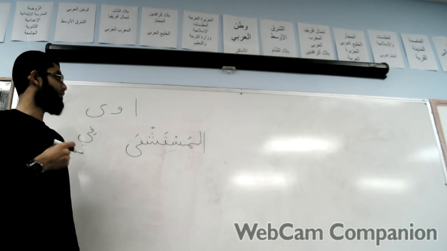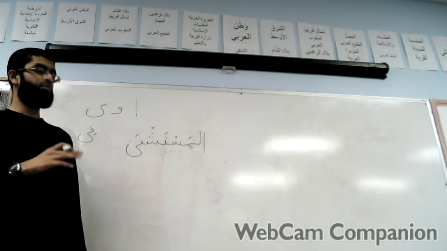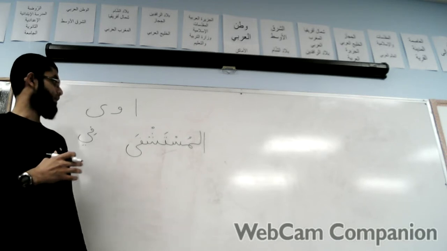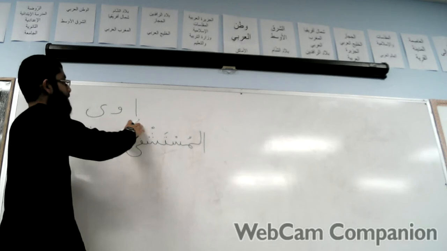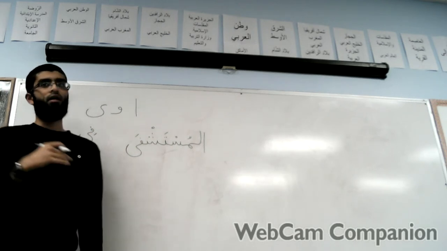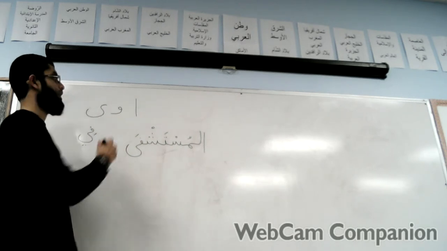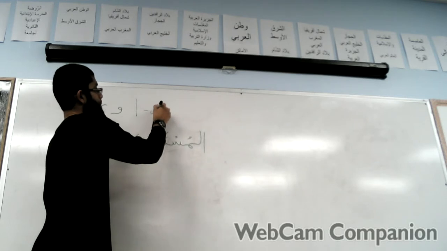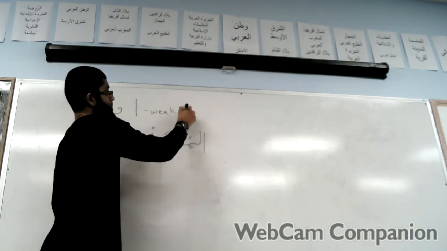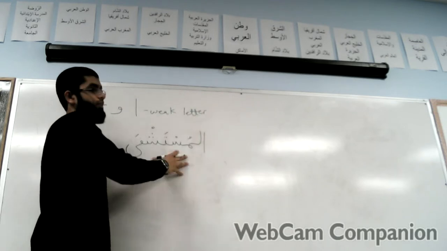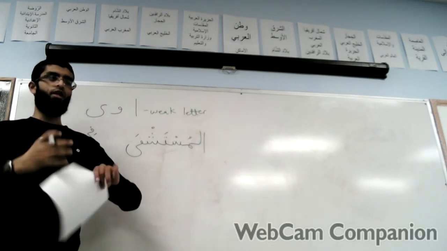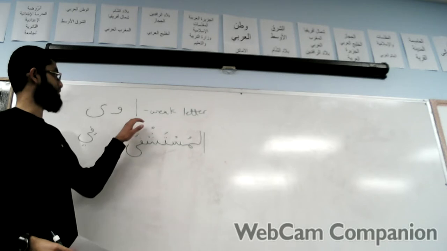Okay. We're going to hang on to that, because it's not really useful right now to know more, since it's morphology. We're going to learn the alif, the waw, and the ya. They're considered weak letters. So when they come into verbs, when you form different types of words with them, they change.